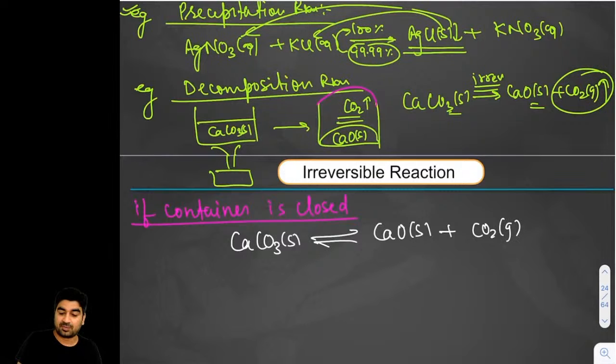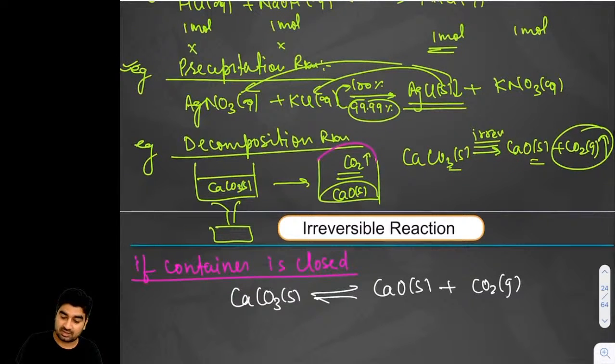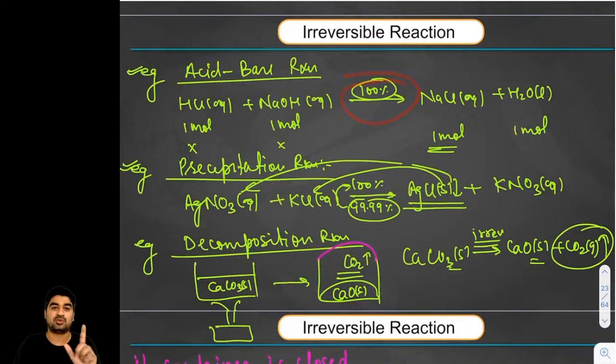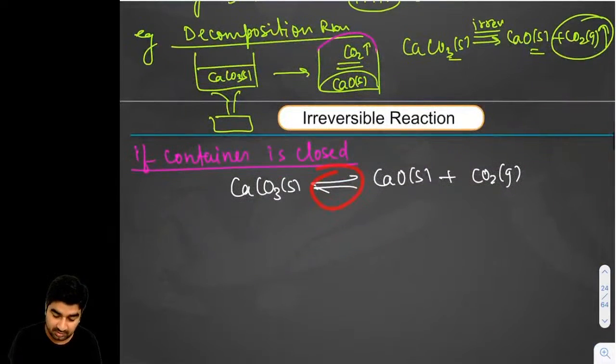Now you can see what I'm doing. I'm using this sign for irreversible. The single arrow I'm using for irreversible, and for reversible reaction I'm using the double arrow.